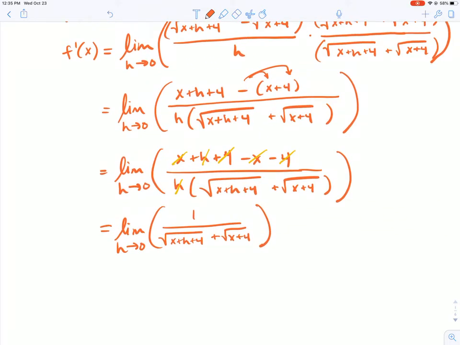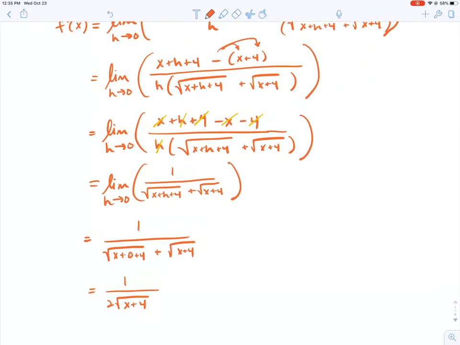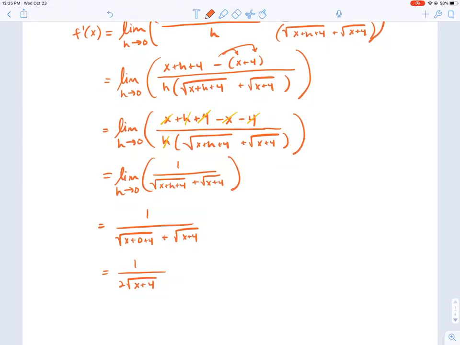Now that we got that h in the denominator to cancel, let's try direct substitution for evaluating the limit. And that will end up simplifying to 1 over 2 times the square root of x plus 4. So that's our derivative.